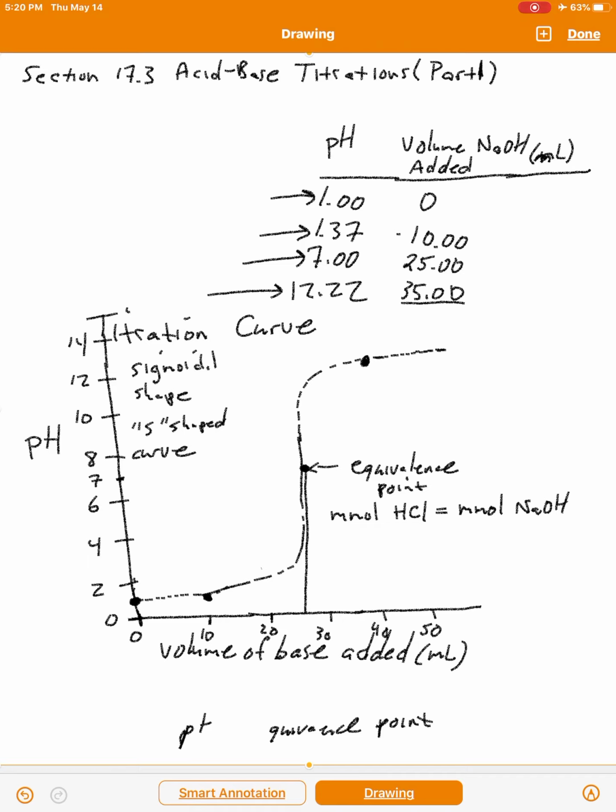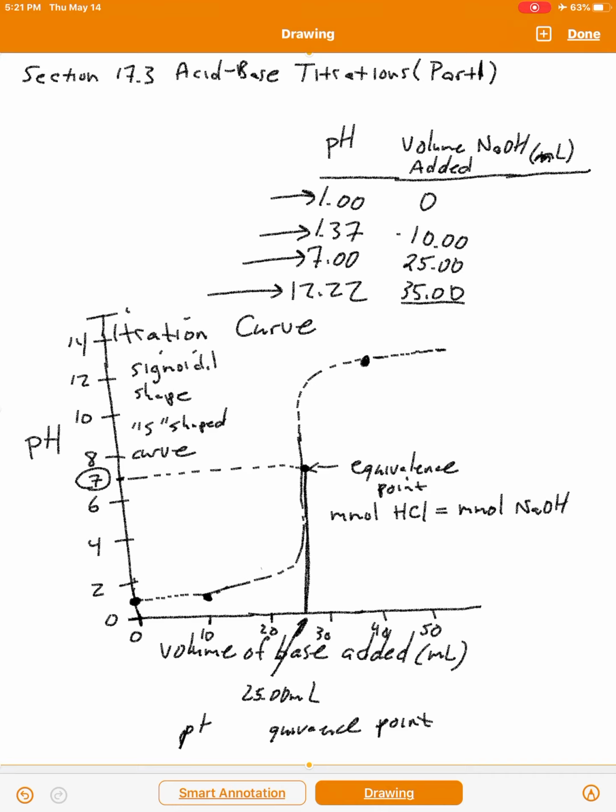At that point, for this particular titration, a strong acid and a strong base, the pH would be 7. And that equivalence point occurred when we added 25 milliliters of the base.